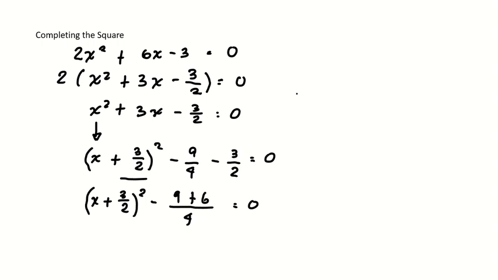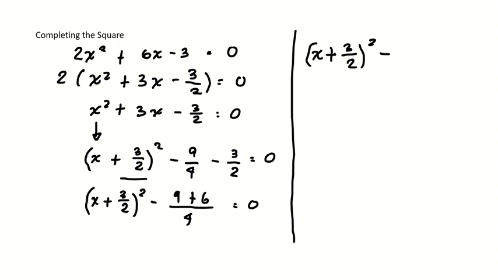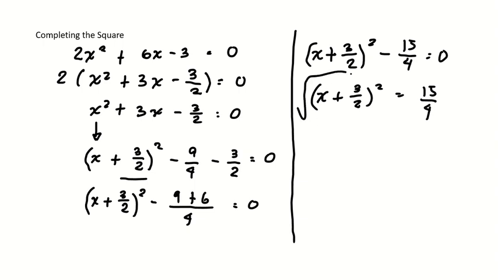Okay, I'll just continue here on the right side. So what we have is x plus 3 over 2 squared minus, what's 9 plus 6 is 15, and we have here 4 equals 0. Bring this to the other side, that becomes positive. So x plus 3 over 2 squared equals 15 over 4. Isolate x, get the square root of both sides, plus minus.